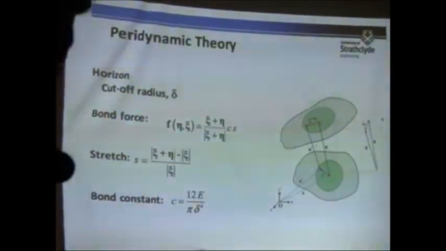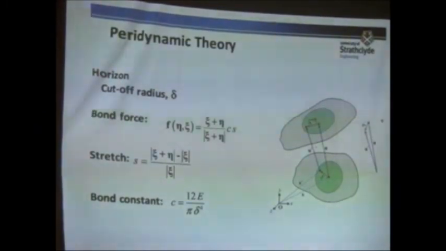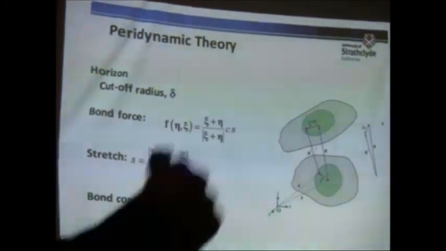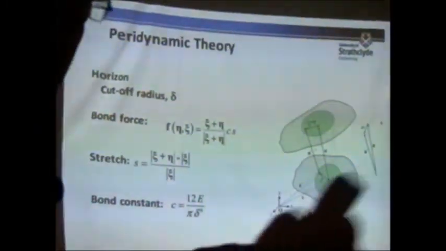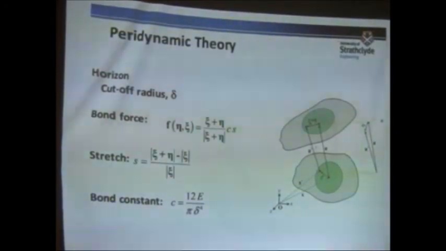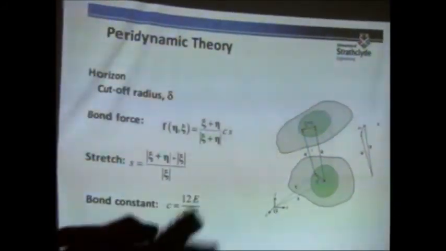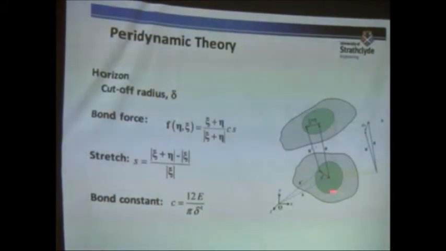So we can assume that if two material points are too far from each other, the strength of the interaction should be pretty small. So we can disregard many of these interactions. So we introduce this influence domain that we call the horizon, so that outside of this influence domain, we assume that there is no interaction.